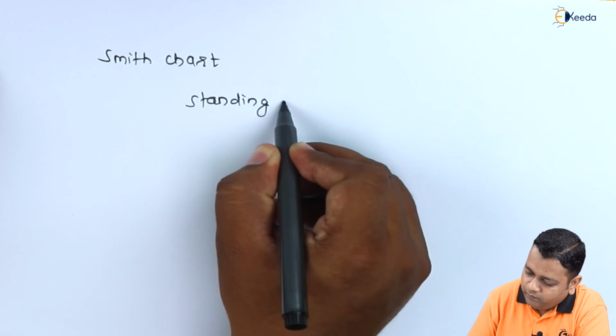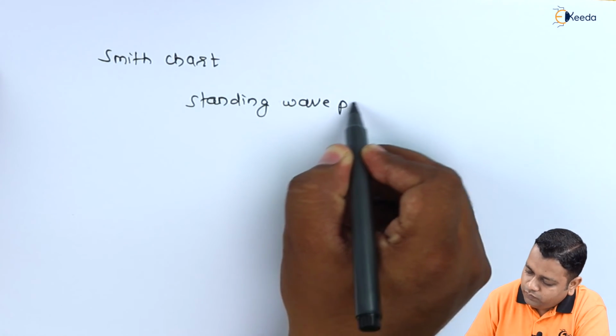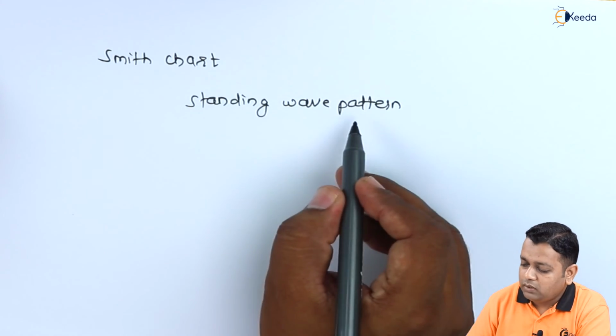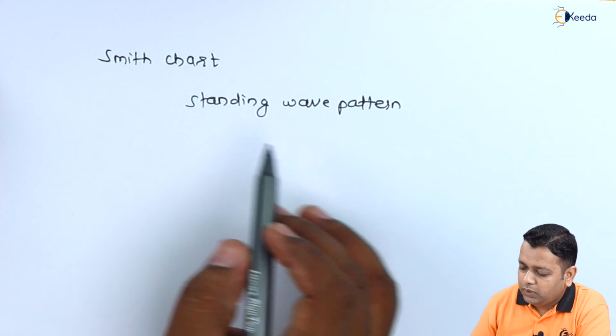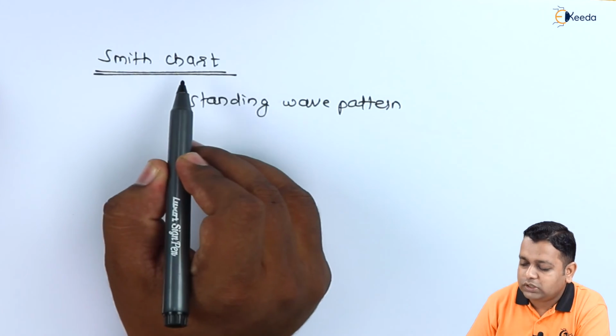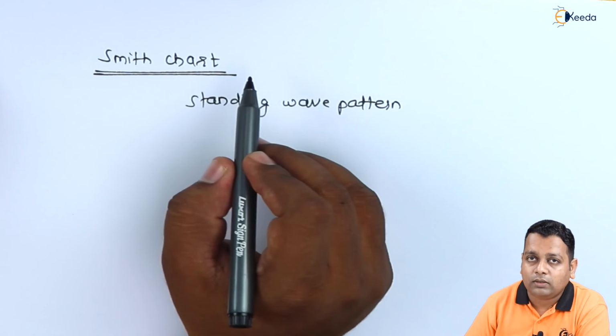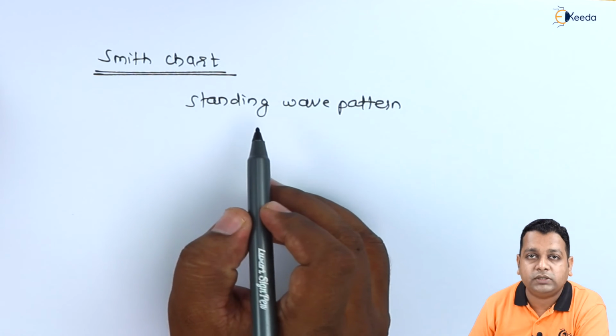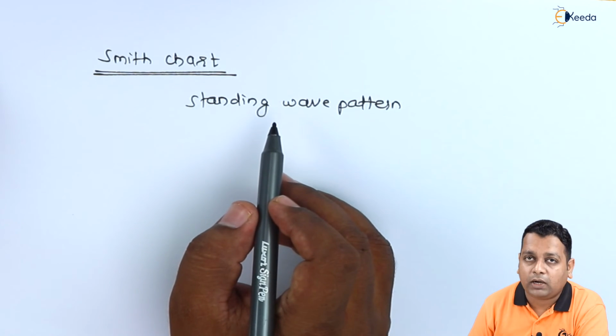We can draw the standing wave pattern on paper with the help of measurements from the Smith chart. There is another technique in microwave engineering giving the same kind of information but with the help of a practical setup.